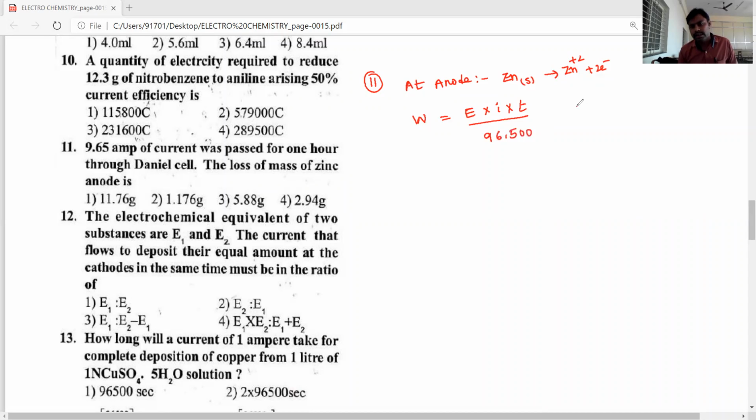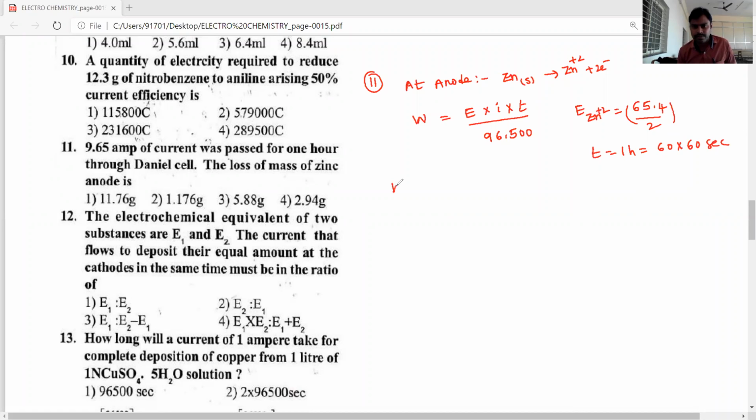Here E means the equivalent weight of Zn2 plus, which is gram molecular weight by n factor, that is 65.4, the gram atomic weight of zinc, divided by 2. And I is 9.65 amperes. T is 1 hour, which is 60 into 60 seconds.